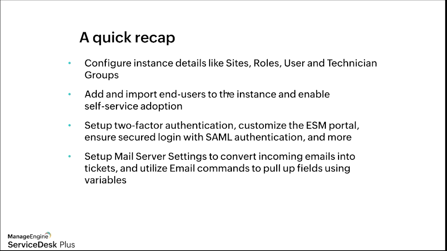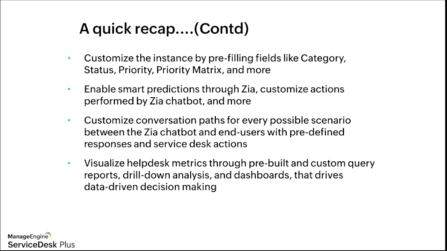Next, we saw the option for configuration of the mail server settings, using which we can convert an incoming email to a ticket and make use of the templates and forms as well. And we also saw the customization options available for pre-filling fields like category, status, priority, etc., which are our default help desk attributes.